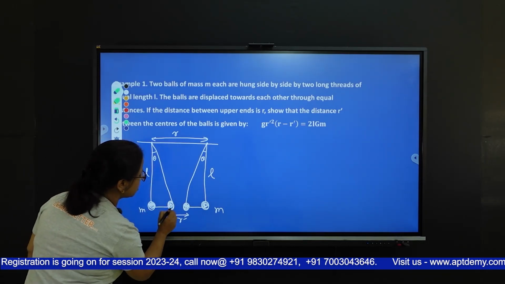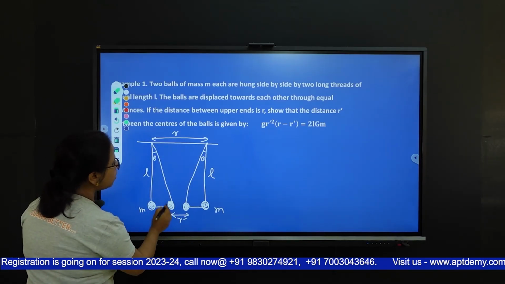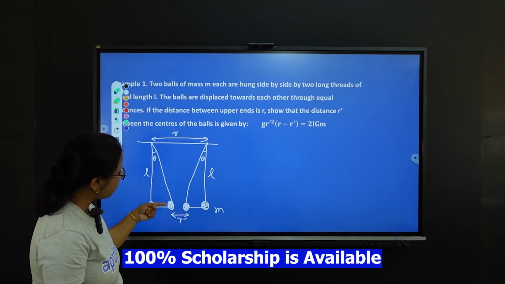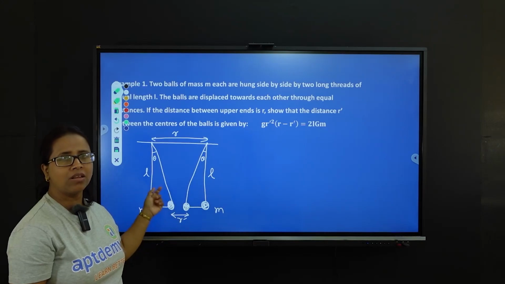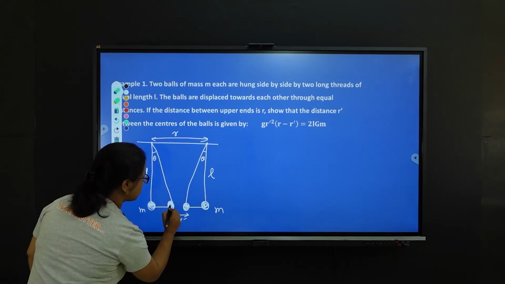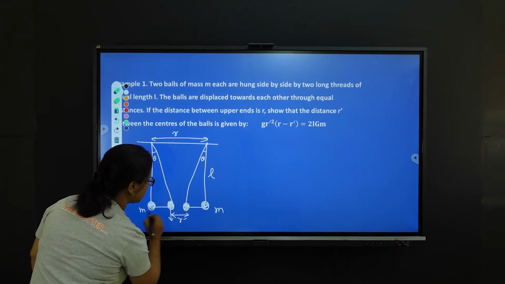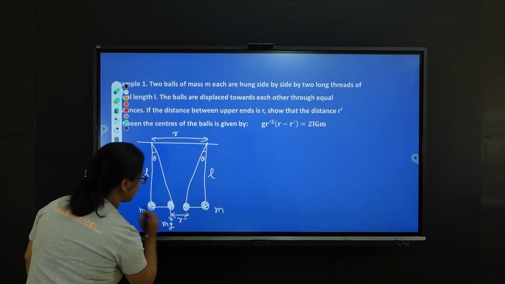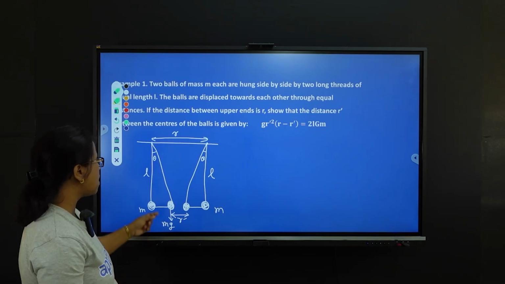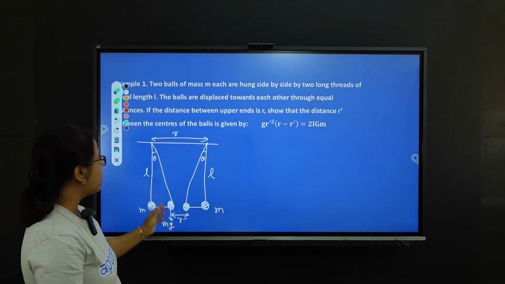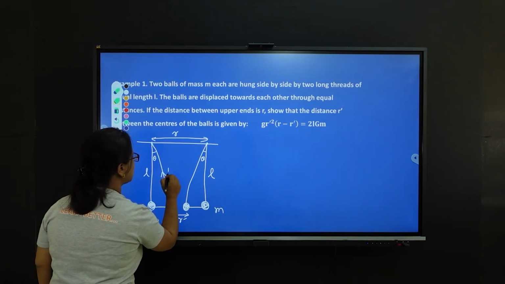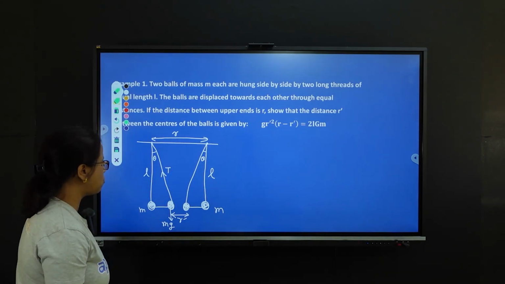Now for this particular ball, what are the forces experienced by this ball? One force is the weight of the ball acting in the downward direction. Weight is given by mg. This is one of the forces. The other force is nothing but the tension T set up in the string.